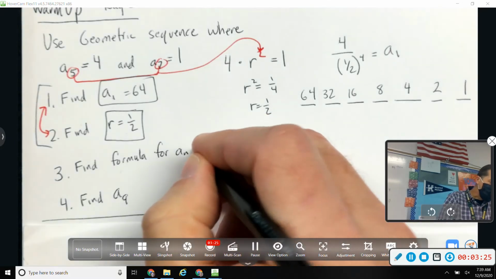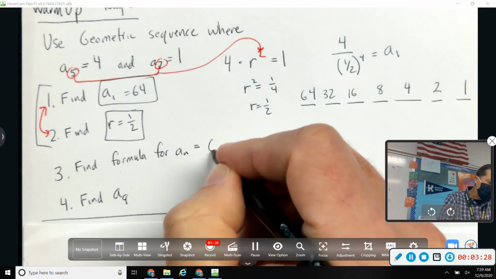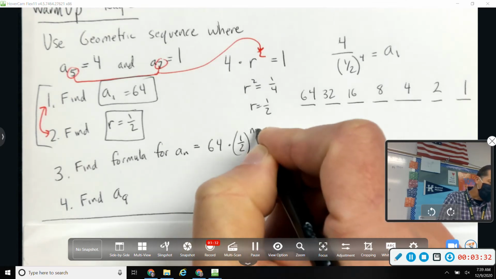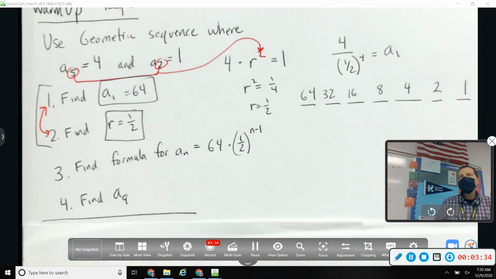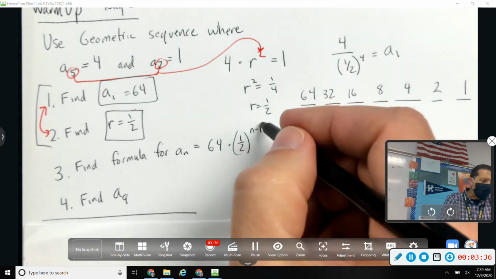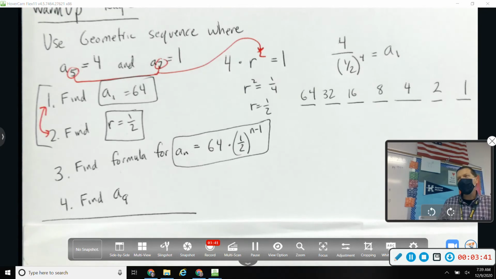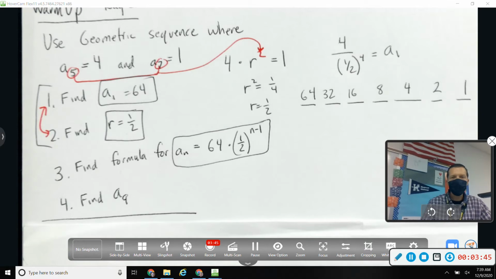The formula. We started with the first term and multiply by 1/2 n-1 times. Again, you can look that formula up. I hope that we've done it enough that you understand it, and so you could write the formula without looking for it. But if you need it, you got notes, then that's fine.